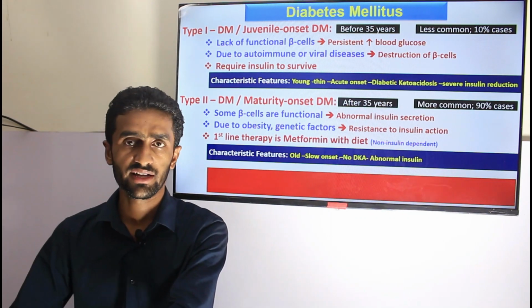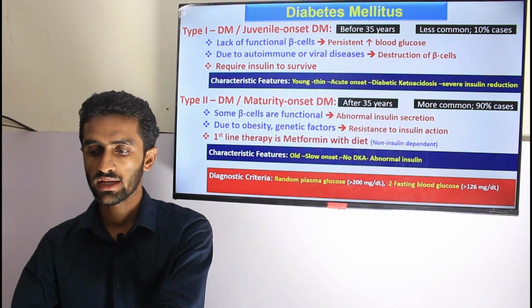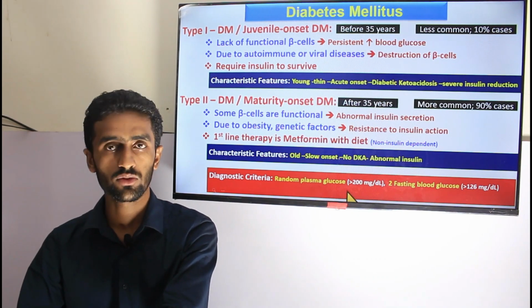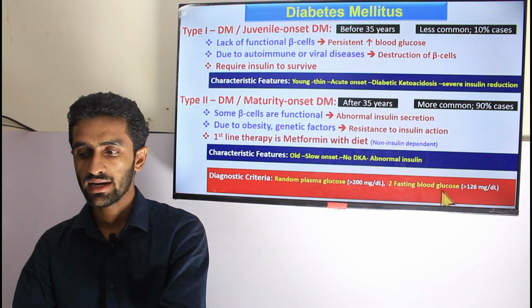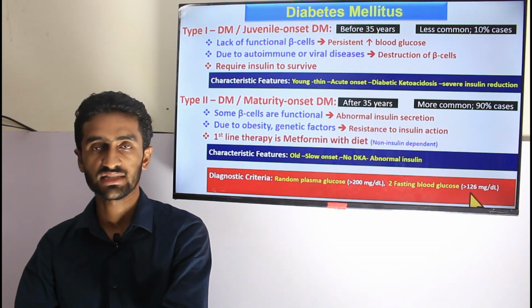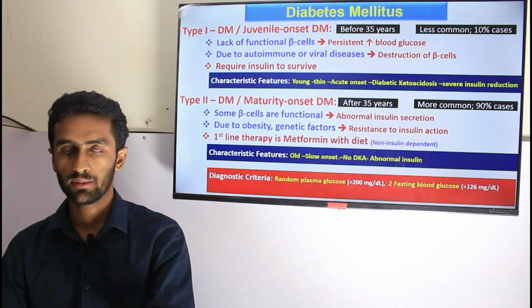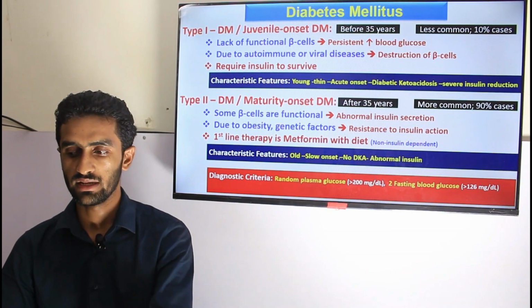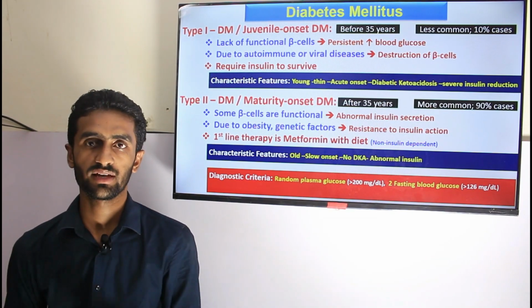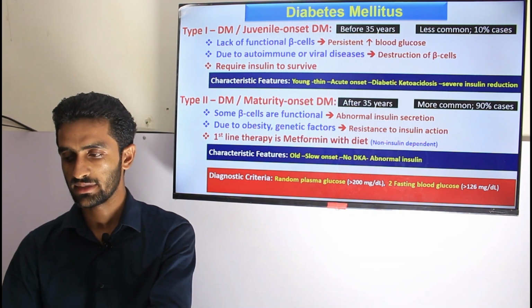And what are the diagnostic criteria to define whether the patient is diabetic or not? Okay, if the random plasma glucose level crosses 200 mg per deciliter, and fasting blood glucose crosses 126. For a proper diagnosis, you should consider at least two fasting blood glucose readings where the level crosses 126 mg per deciliter.